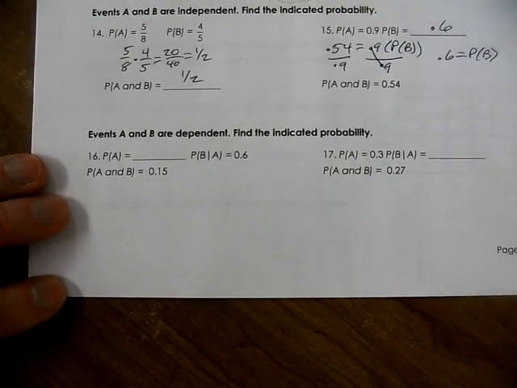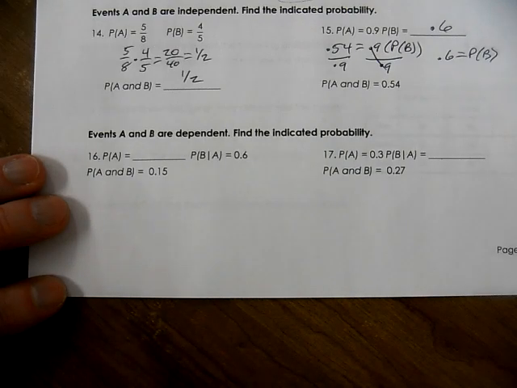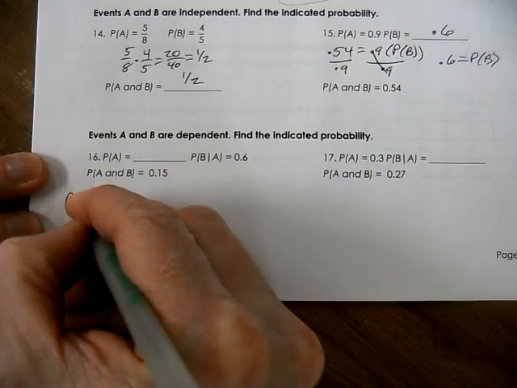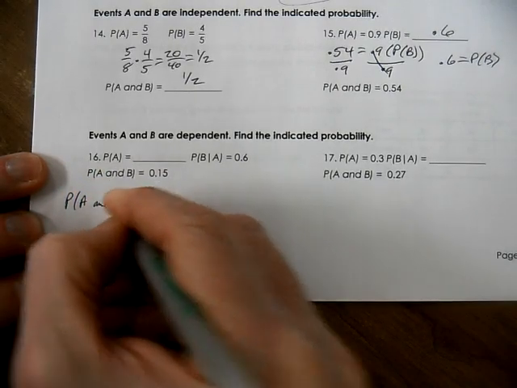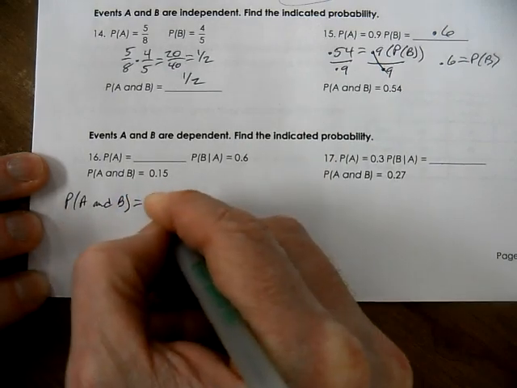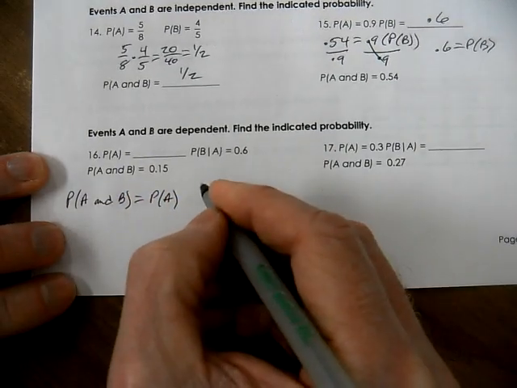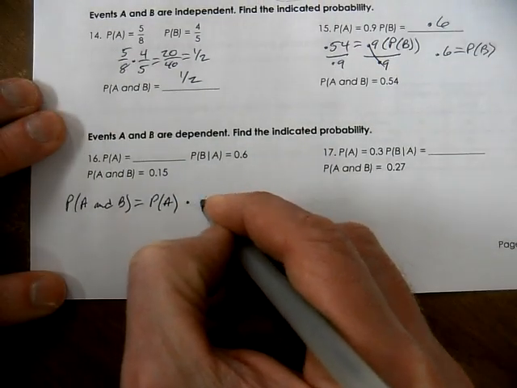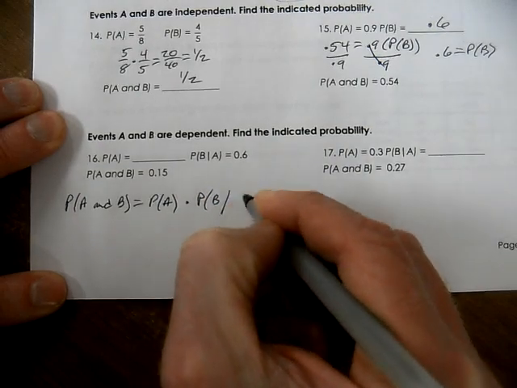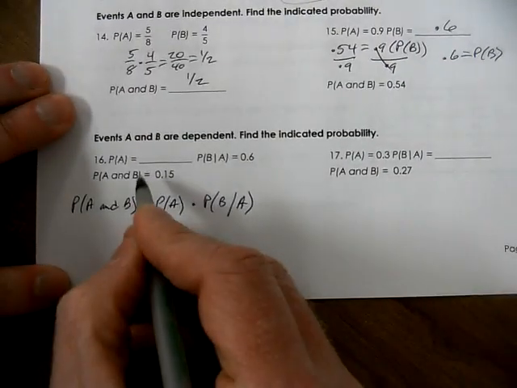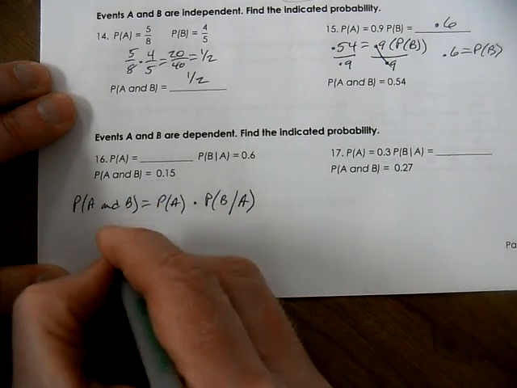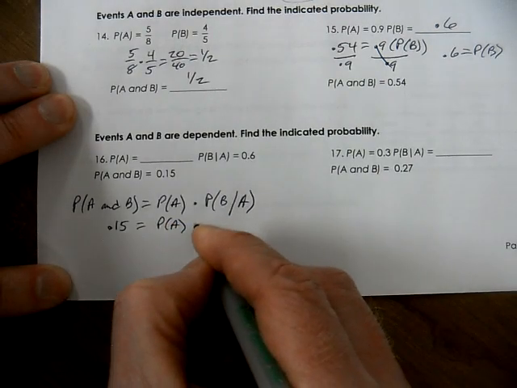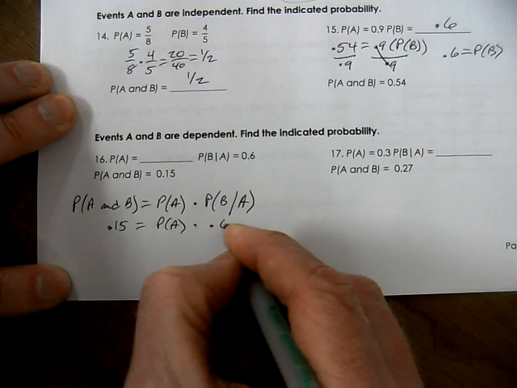If they are dependent, we know that the probability of A and B is going to be the probability of A times the probability of B given A. So we're looking for that. 0.15 equals the probability of A times 0.6.